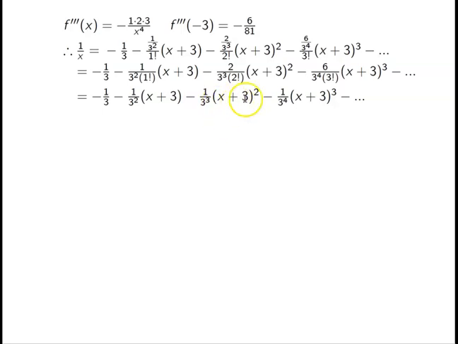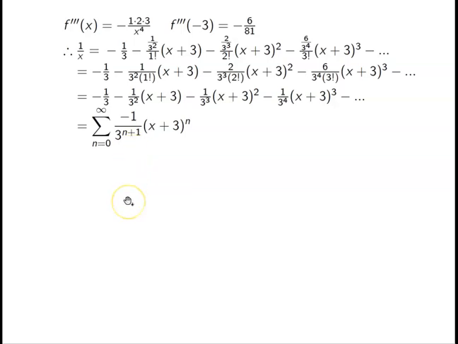And then I have x minus my a value, or x plus 3 in this case, and then the powers on top. So it's very easy then for me to write the generalized form for this Taylor series expansion centered at x equals -3. If I didn't keep this in a generalized form, I probably would not have been able to figure out what the coefficients look like as a generalized term.